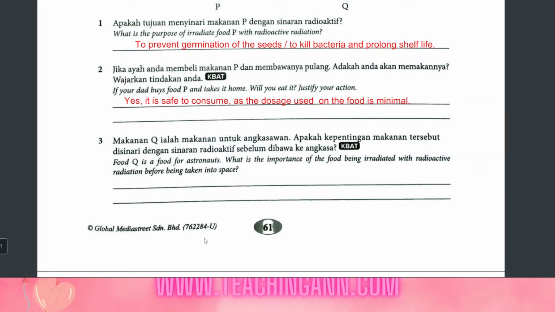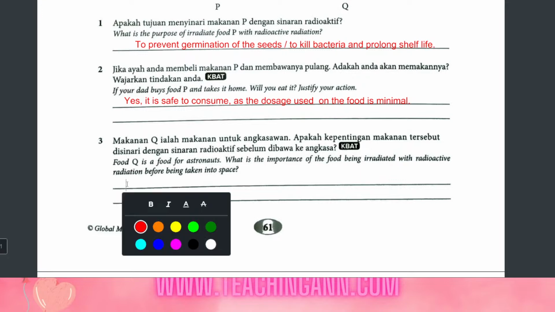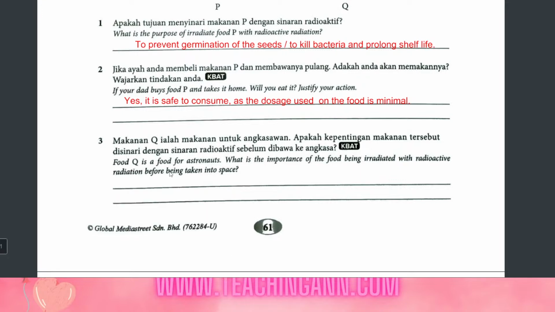Okay, now question number three. Food Q is food for astronauts. Now, what is the importance of the food being irradiated with radiation before being taken into space? I also don't know.